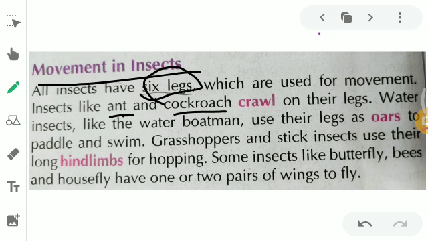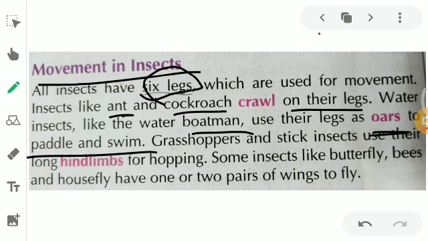Telugulo pakatam antaramata. How they can crawl on their legs. And water insects like water boatman use their legs as oars and paddle and swim. Oars means used to row a boat.